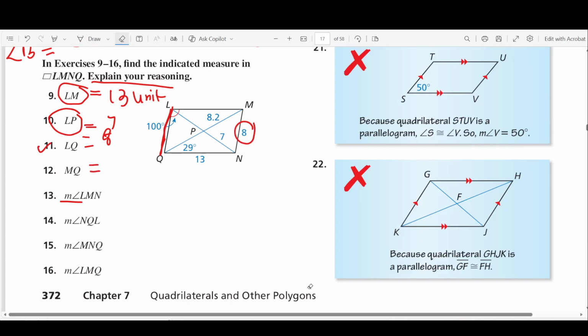MQ. How much is MQ? Is MQ a line segment or angle? There are two letters, only endpoint names are given, so that's a line segment. Be very clear with this. This is M and this is Q, and the line joining these points is the line segment MQ.